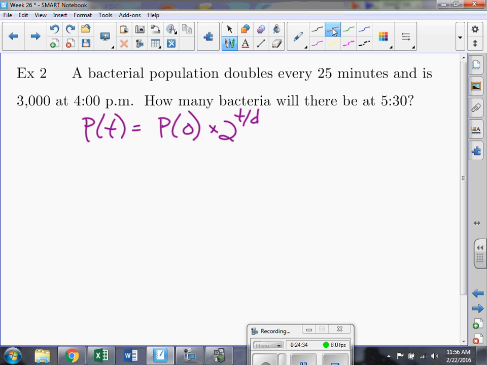P of 0 is going to be 3,000 because it's our initial population. So, okay, we're starting with 3,000. The D is 25. Okay, D is equal to 25. And then T is 90. Good observation.